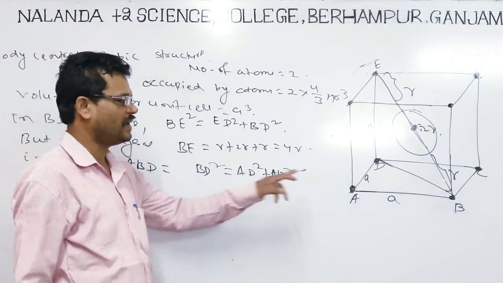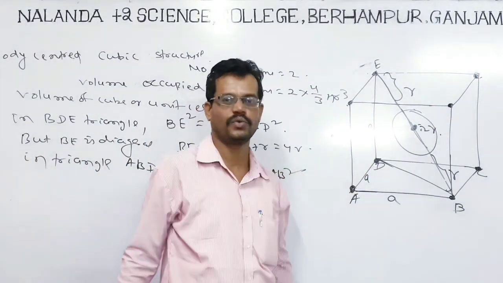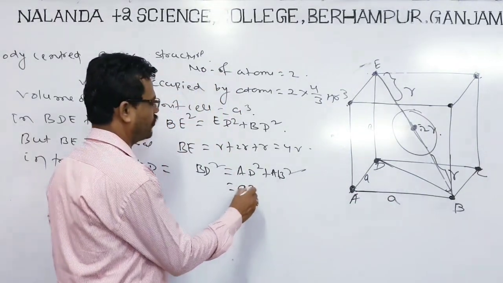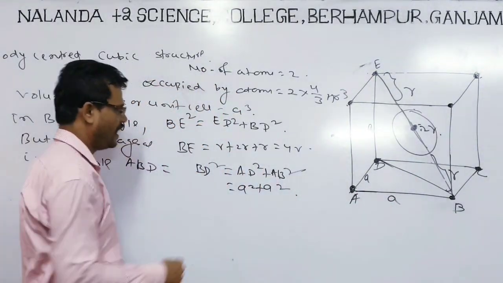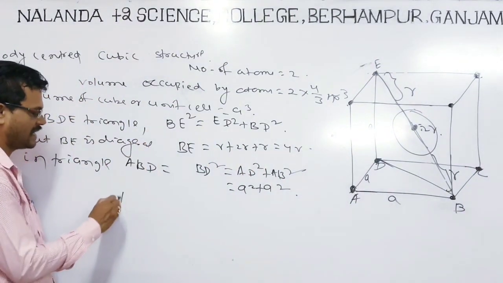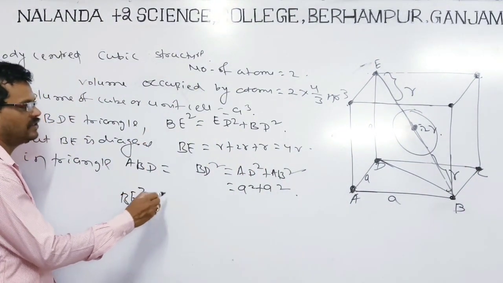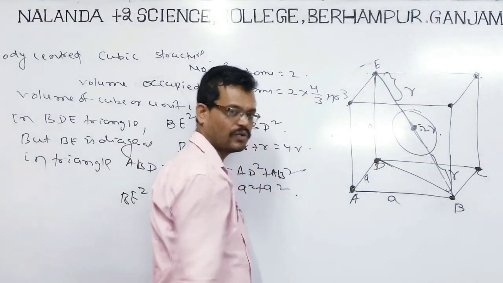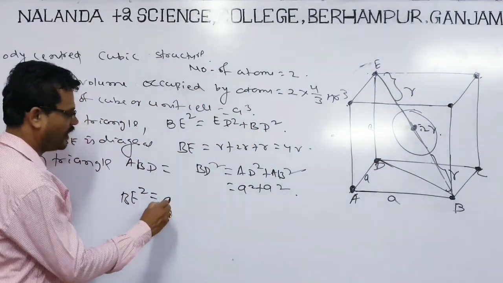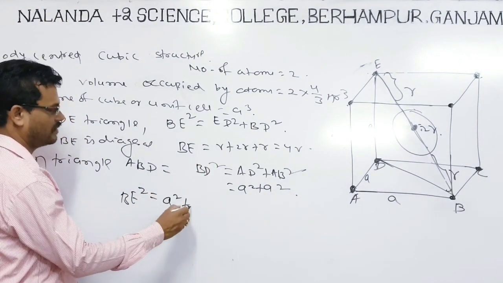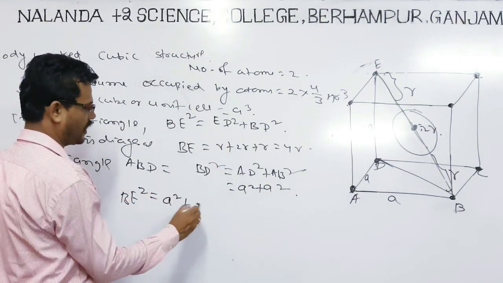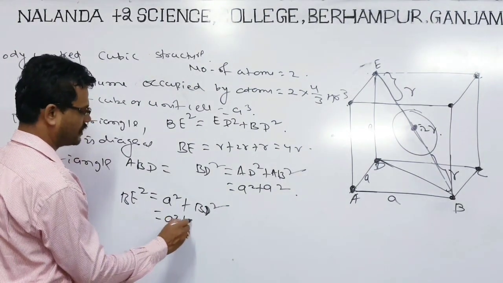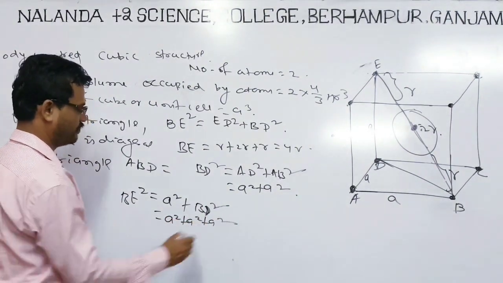You know that AD is one edge and AB is also one edge, and their length is a, so we take a square plus a square. Now for BE, BE square is equal to ED square plus BD square, and ED is also one edge length, so a square plus a square plus a square.